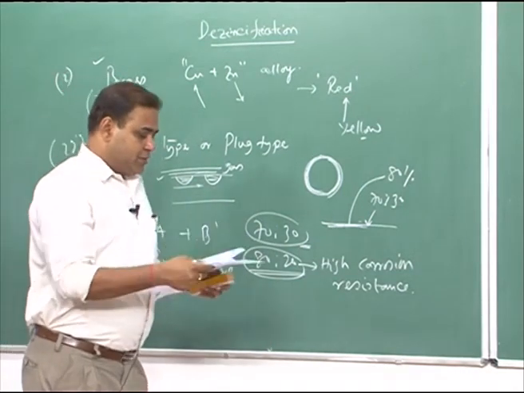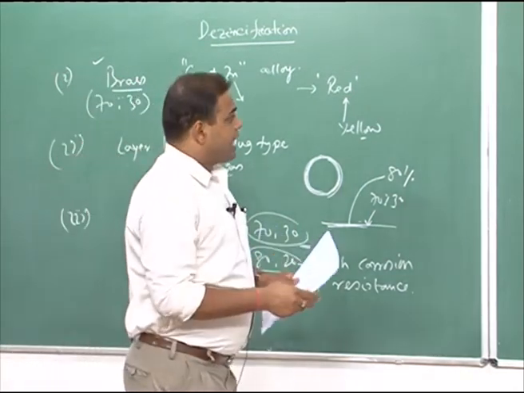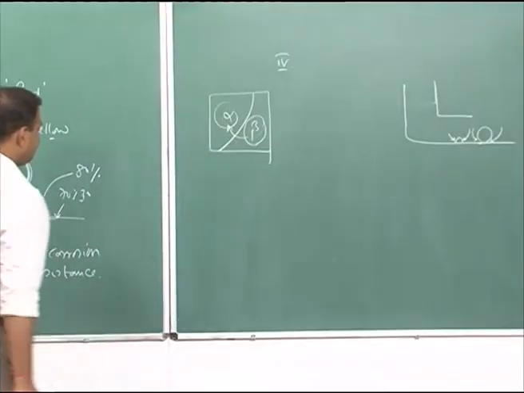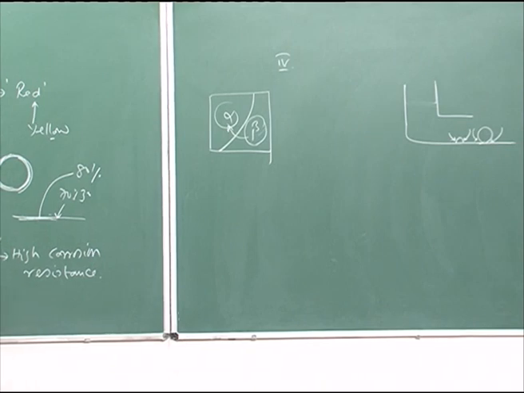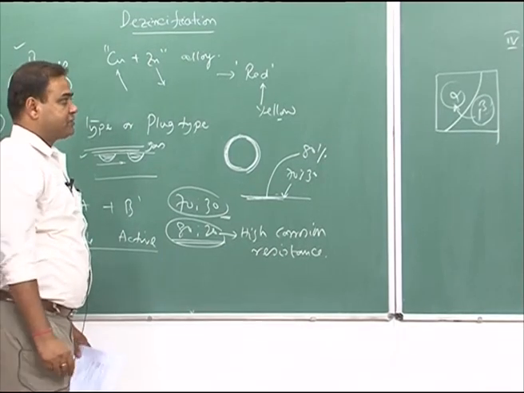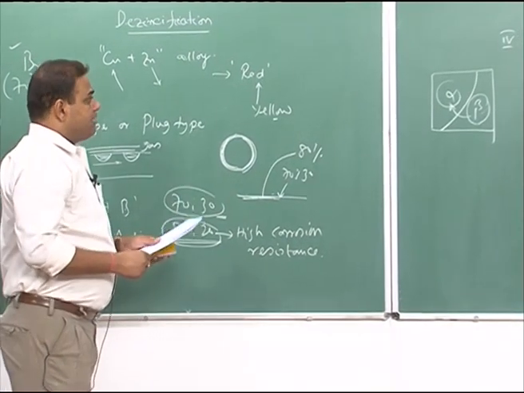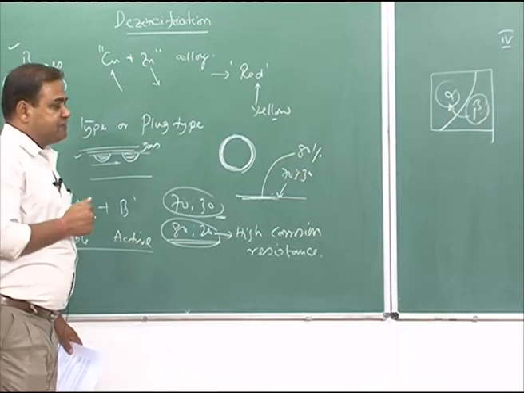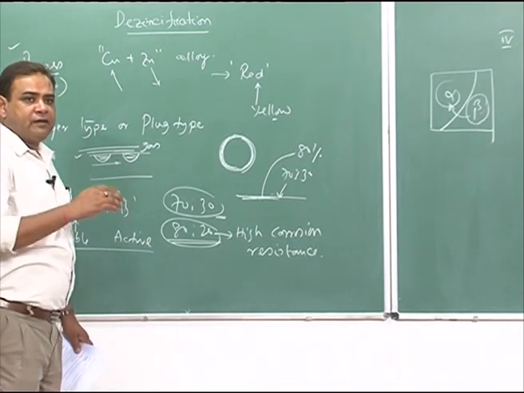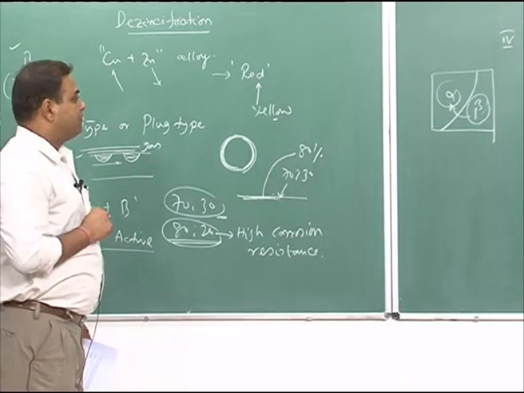Now, as I have mentioned, the metal structure, this is the structure effect, and metal composition, those are very important issues in case of dezincification. Now, let us get into the mechanism part: why the noble metal stays back and the active metal goes out in the form of ions.